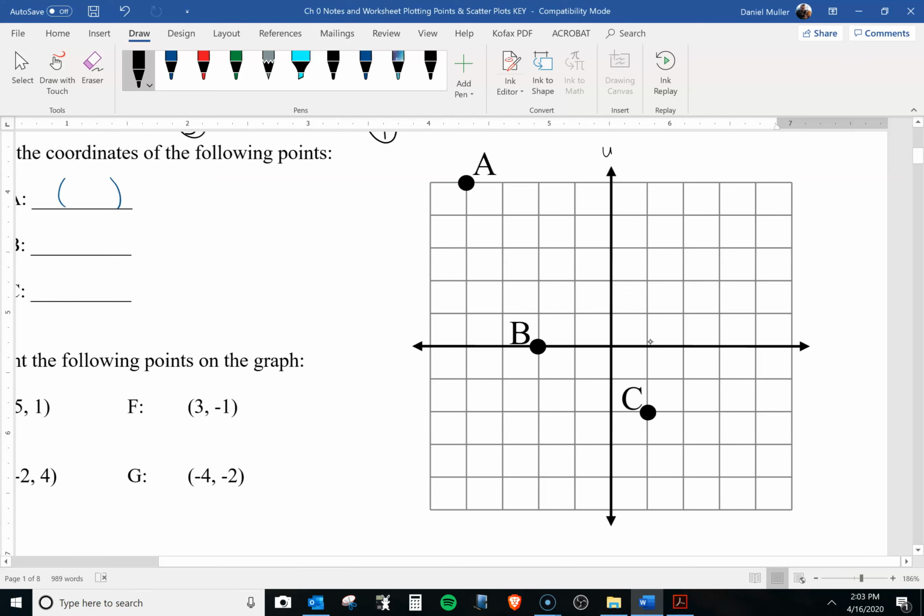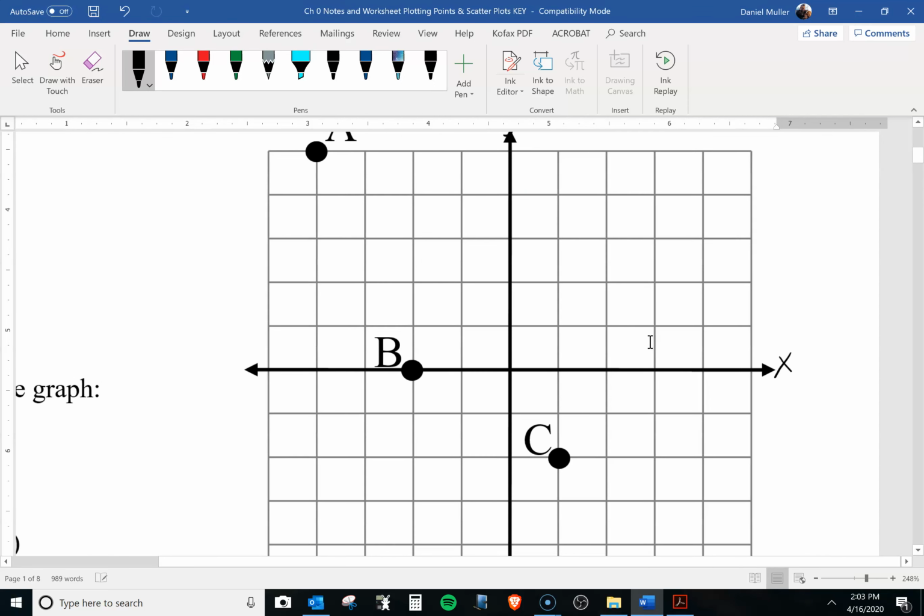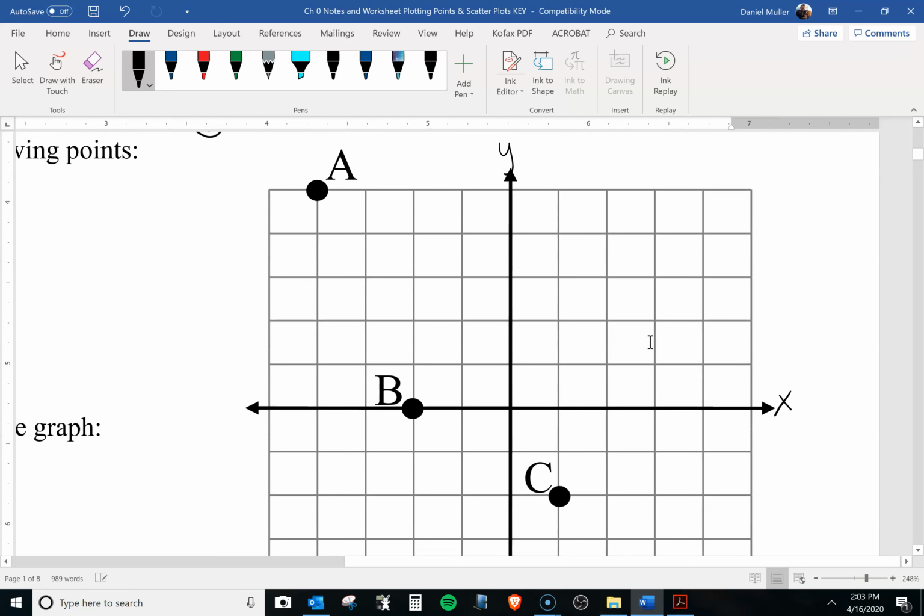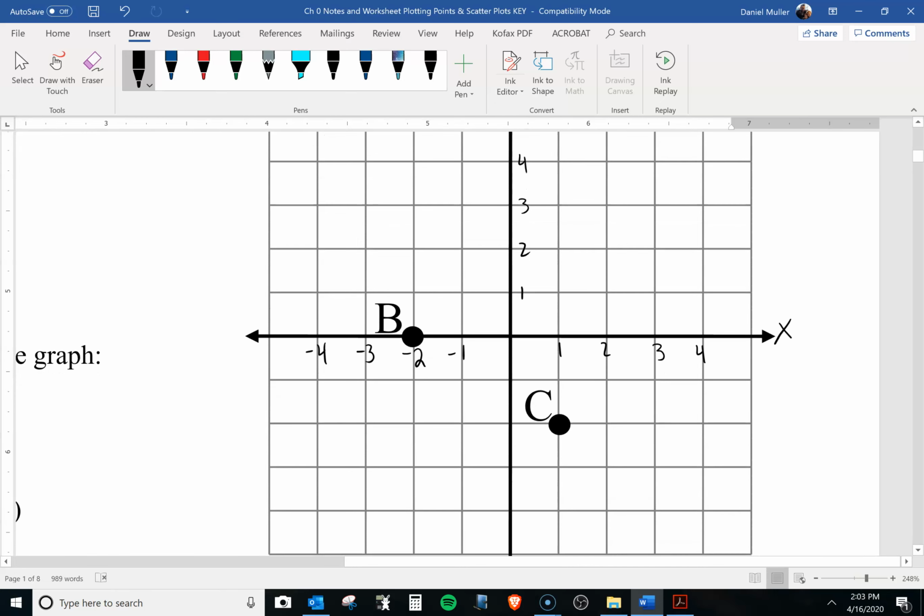So my y-axis is up there, my x-axis is down here, and I will start labeling 1, 2, 3, 4, -1, -2, -3, and -4. I'll do that 2 over again. And then label 1, 2, 3, 4. And then down here, maybe on the left side of that, -1, -2, -3, -4.